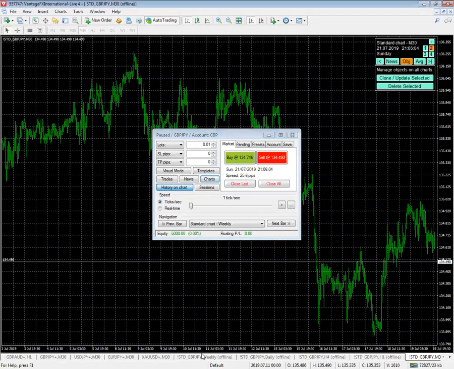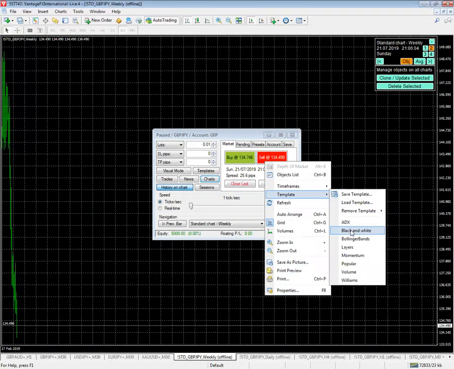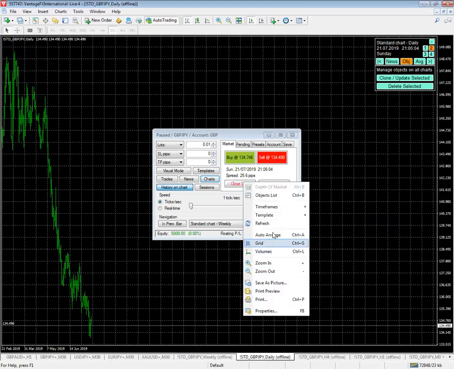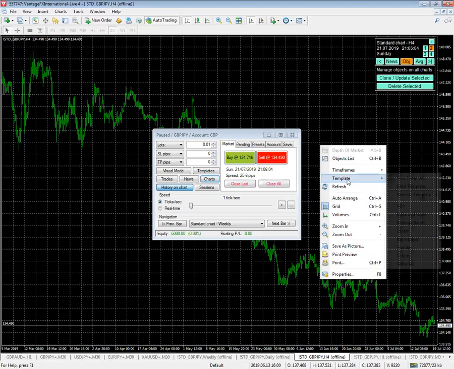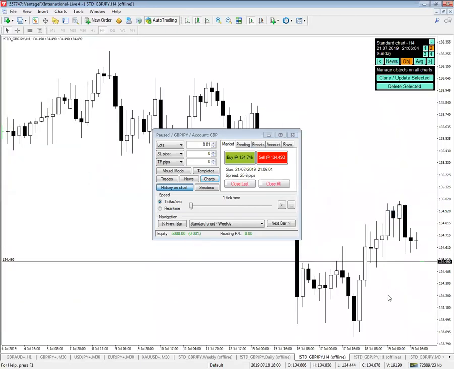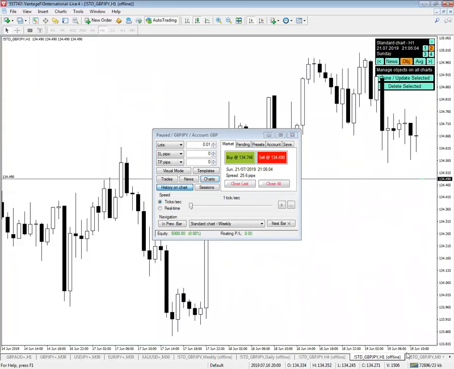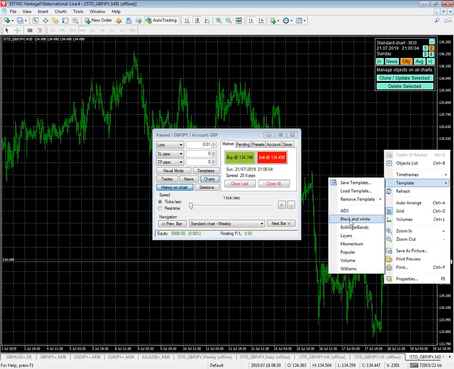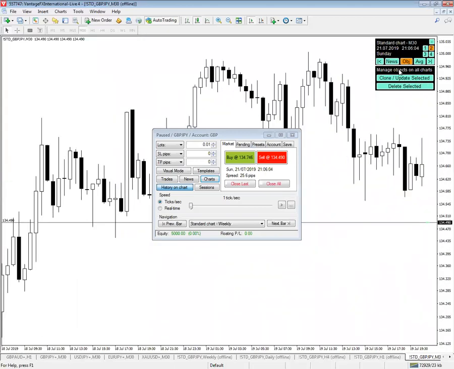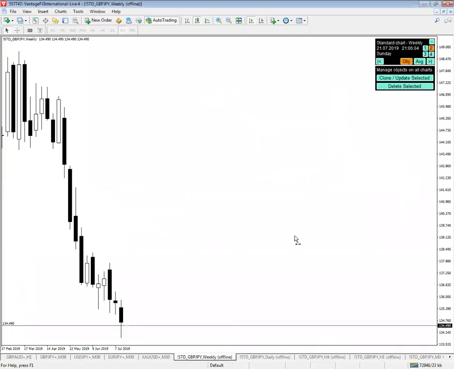Awesome. So let's sort out the templates. Yeah, finally put that up on the templates list, so it just made it a lot easier to switch over. Cool. So let's just remove this here, and let's start off with the weekly time frame.